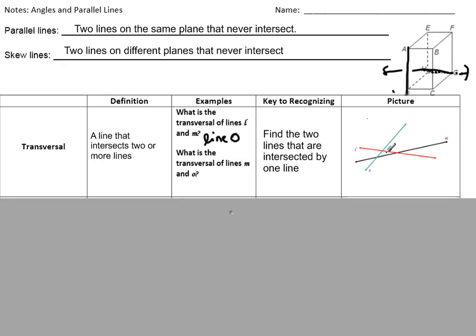So here's line M, here's line O, and if you notice that M is intersected here by line L, and here O is intersected by line L. So L is the transversal of M and O because L intersects the lines O and M. So line L.